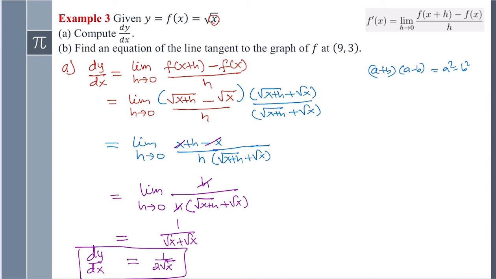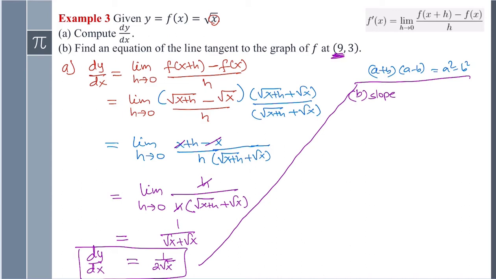Now part 2 of that question is to find the equation of the tangent line to the graph of f at 9, 3. First, in order to find the equation of the tangent line, we need to find the slope. So we are finding the slope at x equals 9.